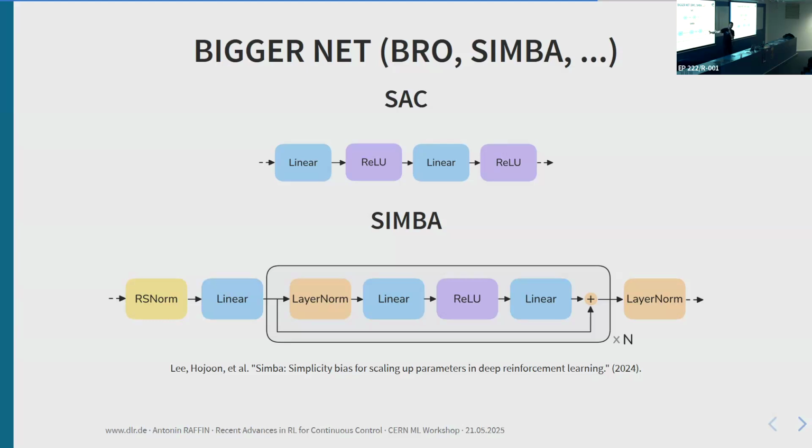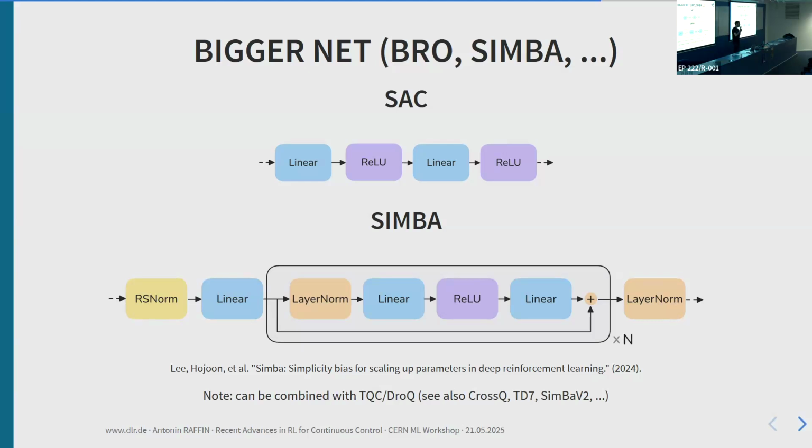They benchmarked different architectures to find the one that works best for reinforcement learning, which is also using layer normalization. And by only changing the network, you lose a bit in terms of training time because it's bigger, but you can also improve on performance and on sample efficiency.